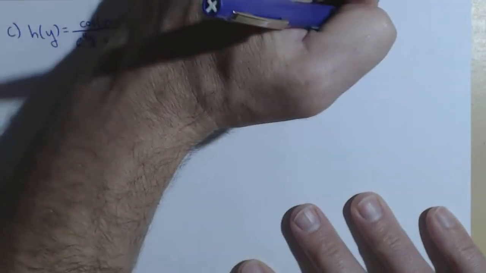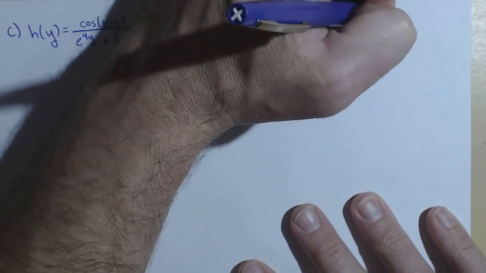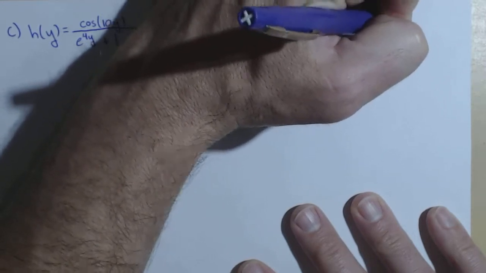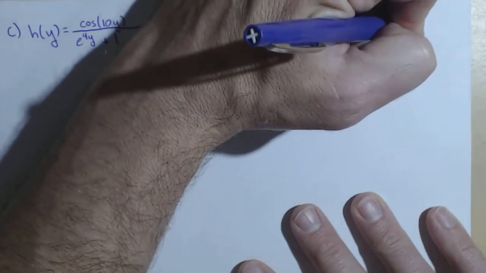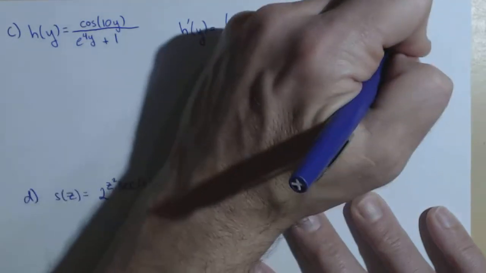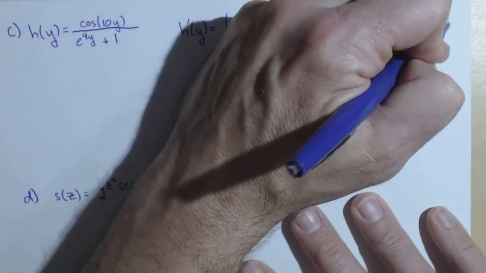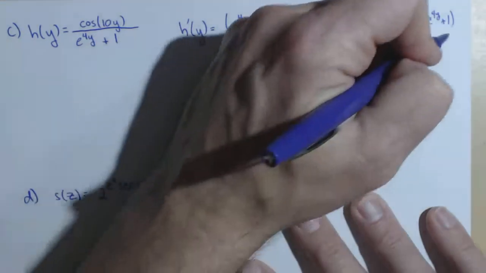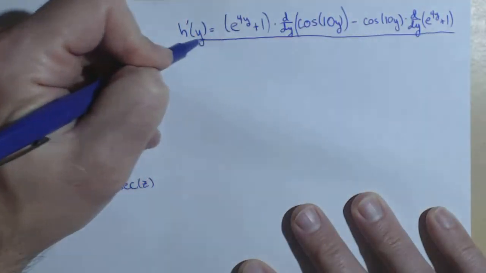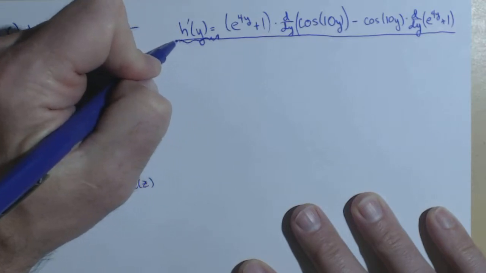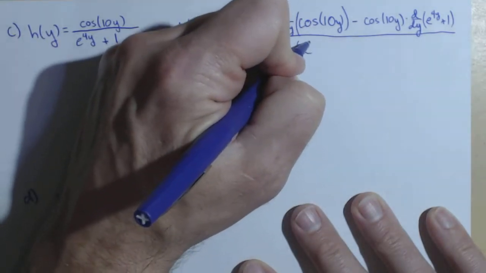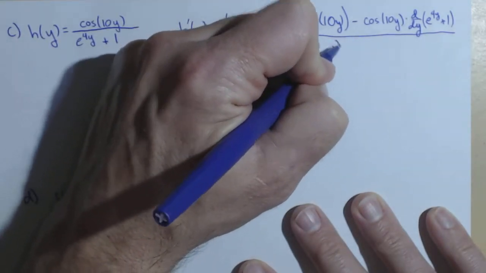Minus, now I'll hold the numerator constant, cosine of 10y times the derivative with respect to y of the denominator, e to the 4y plus 1, all over the denominator squared. E to the 4y plus 1 squared.